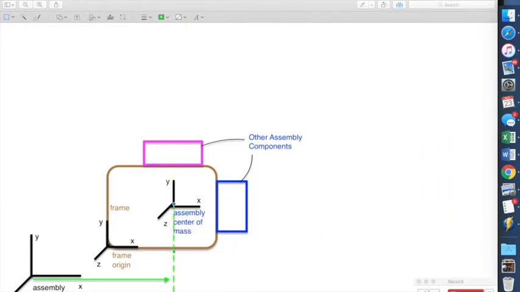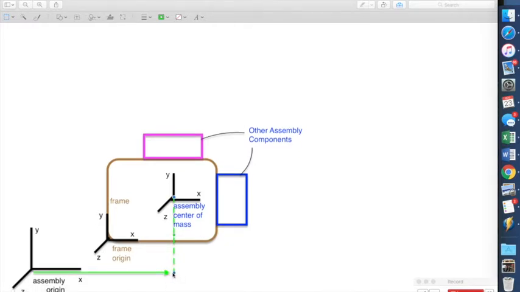In this case, we're concerned about that distance along the x-axis. We don't care right now about the y or the z-axis, just along this x-axis is what we want to know.